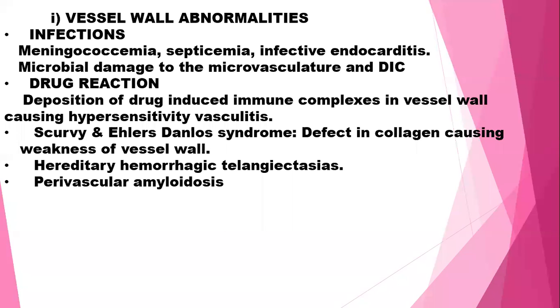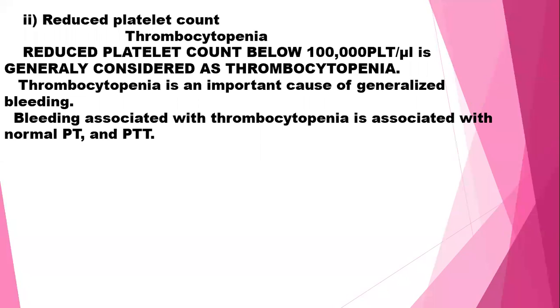Drug reaction by deposition of drug-induced immune complexes in the vessel wall causes hypersensitivity, vasculitis, and bleeding. Scurvy, a vitamin C deficiency disease, and Ehlers Danlos syndrome, both cause defects in the collagen and weakness of the vessel wall. Then hereditary hemorrhagic telangiectasia and perivascular amyloidosis are also vessel wall abnormalities.